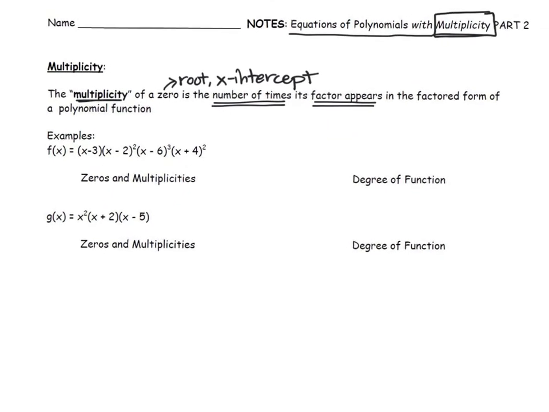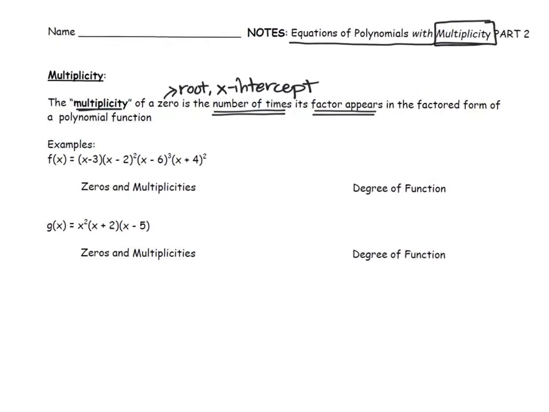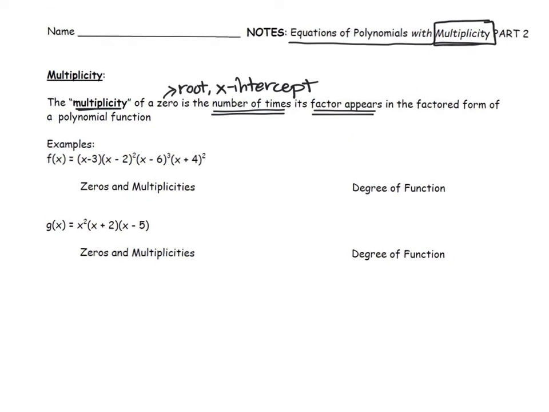So in the first example, we have 4 different factors. Okay, so I'm going to go through the factors each time and talk about how many times they occur. So in the first one, this factor, we have to name the zeros and its multiplicity. So the zero is determined by whatever this number is here, we make that opposite.